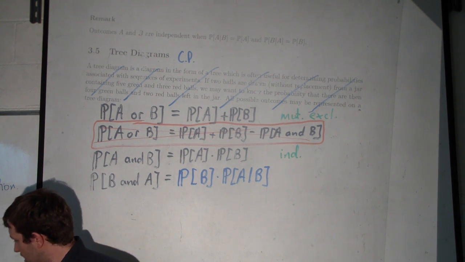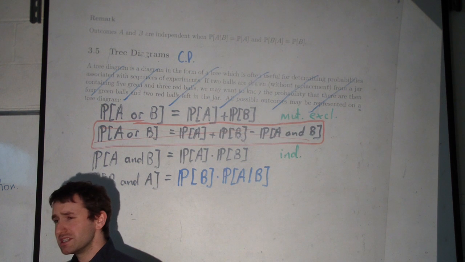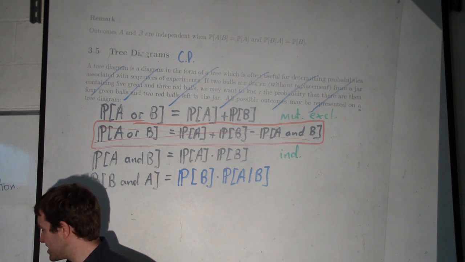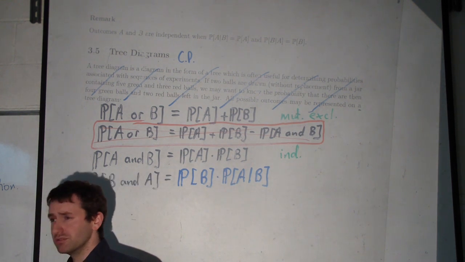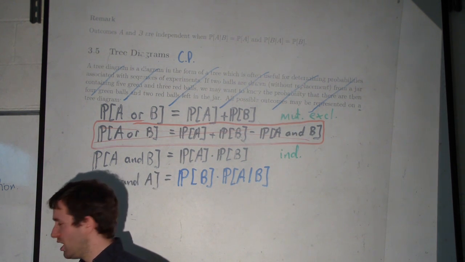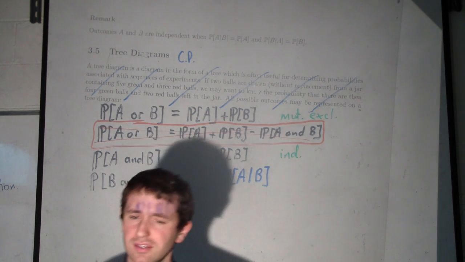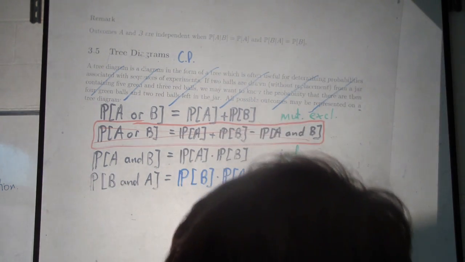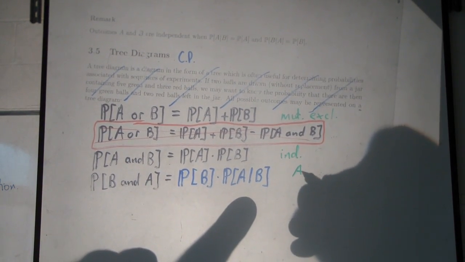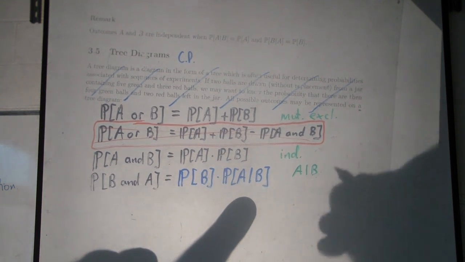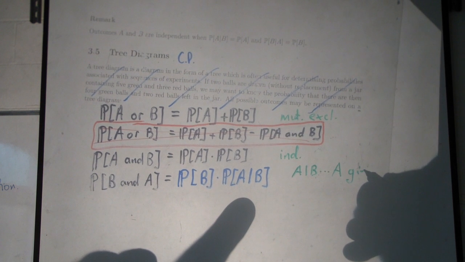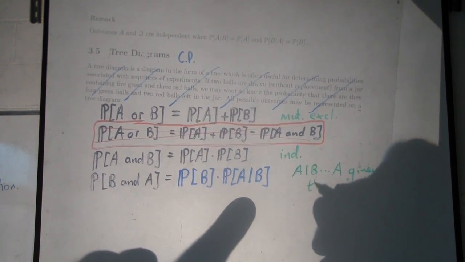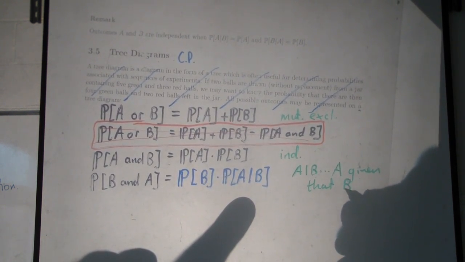This is the probability that x2 is equal to an ace, the second card is an ace, given that this is true. Given that. So given that you know that this is true. Okay, so we'll just write that here. This A | B is the event A, given that B is true, or B happened.